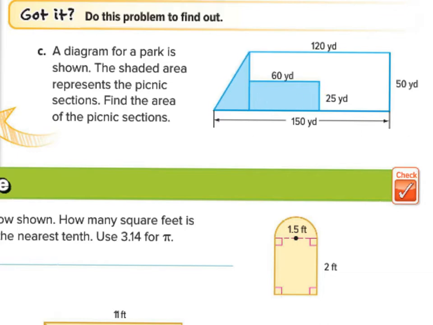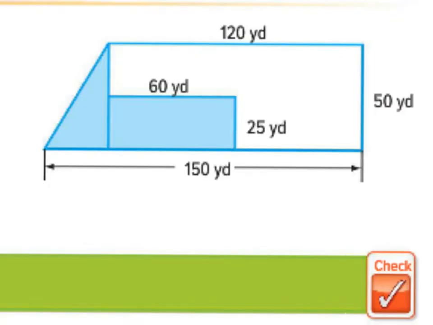Well, when we cut it up, we can see that we have a triangle and we have a rectangle. The height of our triangle, right here, is 50 because we match it to this one, and this one's 50, you see? So this is 50 yards, right?